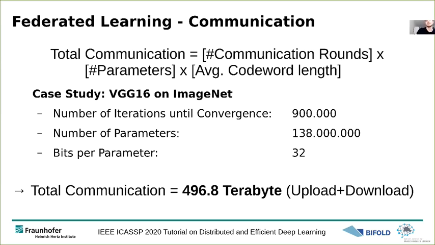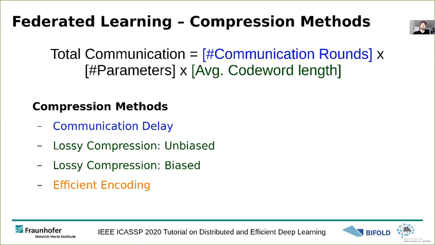It's not energy efficient. Nobody will be able to use this if it creates 500 terabytes of traffic per device we have to add. So this is a huge problem. And that's why people have tried to come up with compression methods.